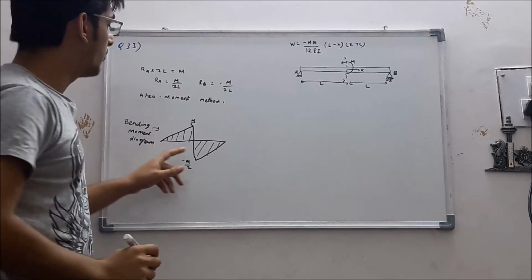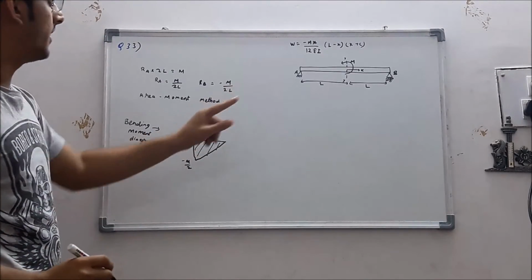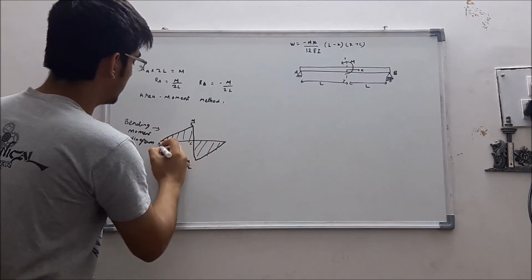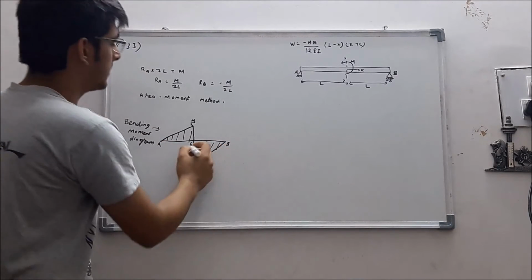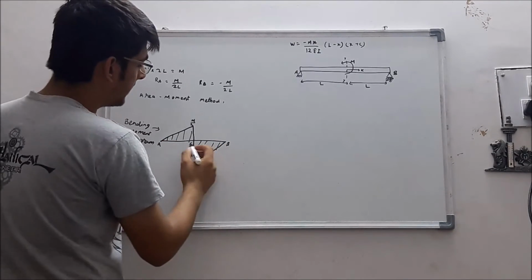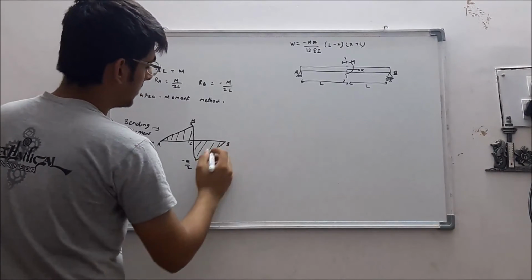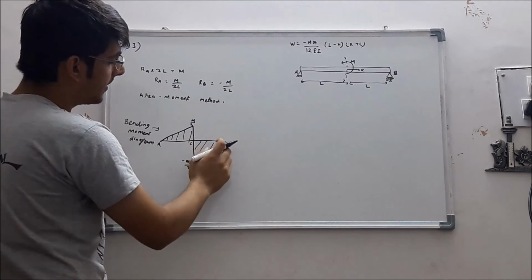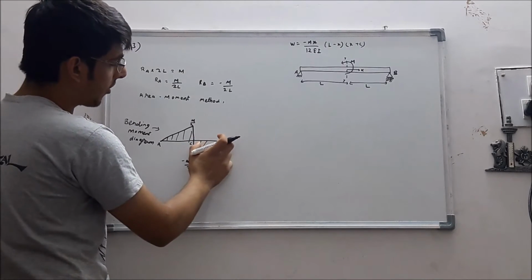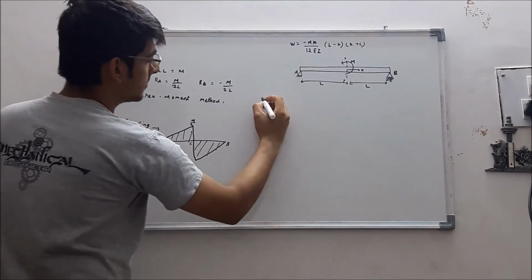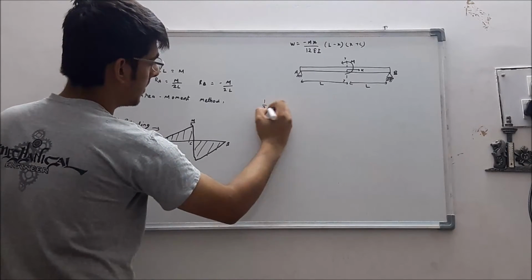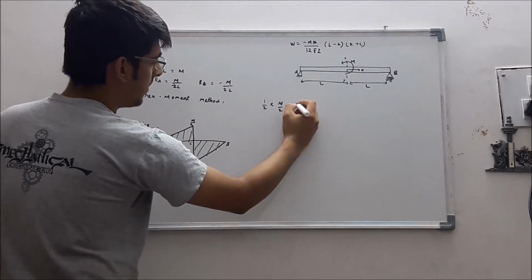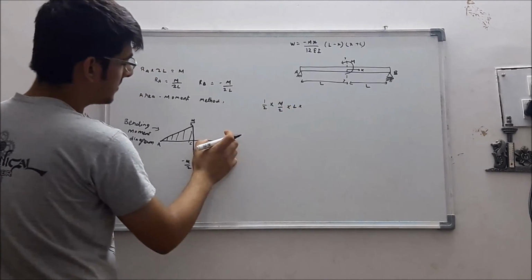Now first let's find the deflection at this point, say C. This is A, B and C. To find the deflection at C, we need to find the area into the centroid of this triangle about B. So that will be half into M by 2 into L into this distance.